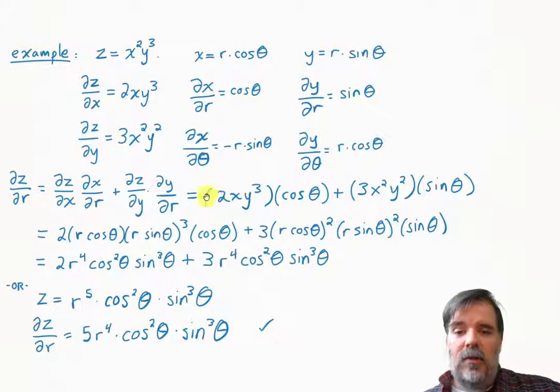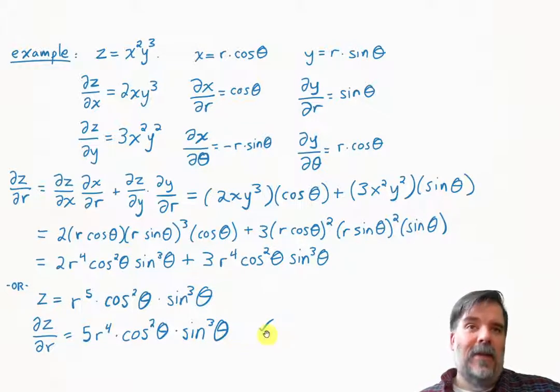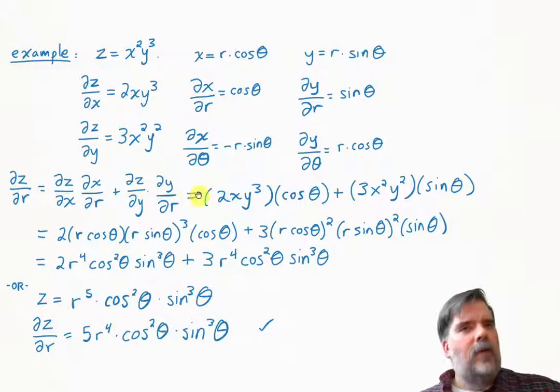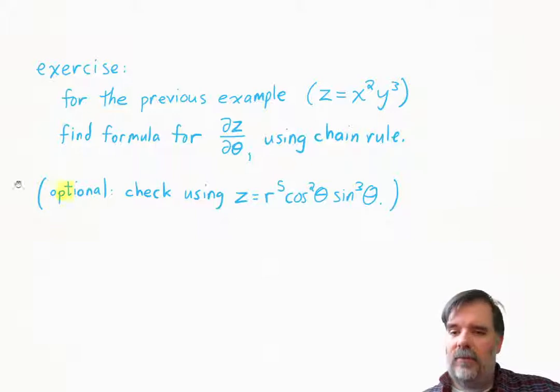And if you wish, you can just leave it in this form. That is fine. However, if you have lots of time and want to do some extra math, you could write this all in terms of r and theta. The advantage would be you could also rewrite the original function and check your work to find dz d theta. But you don't have to. You can leave it in terms of x, y, r, and theta if you wish.